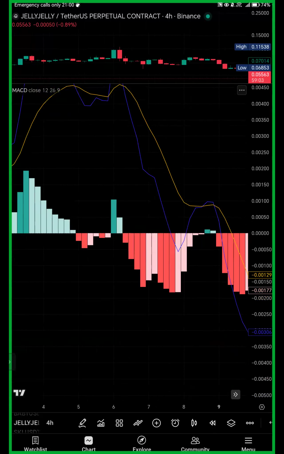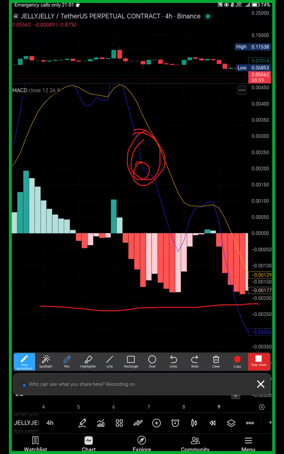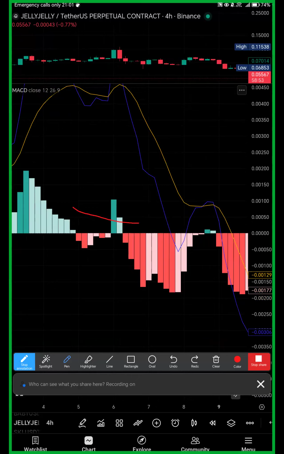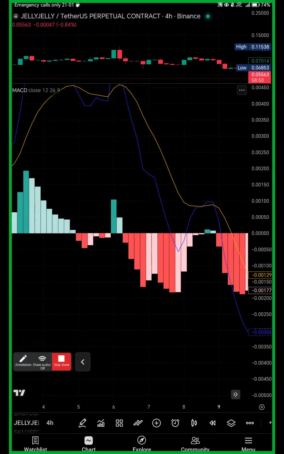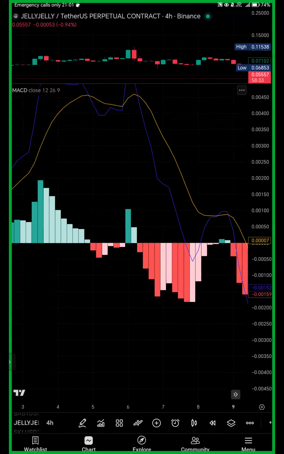Now, let's explain the histograms. These histograms signify the volume and momentum of the trend. They signify what? Volume, pressure, how much pressure is in the market. The pressure or the volume is also going to show you the distance between these two lines.